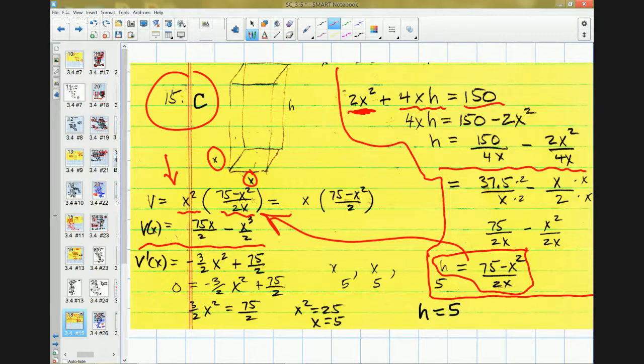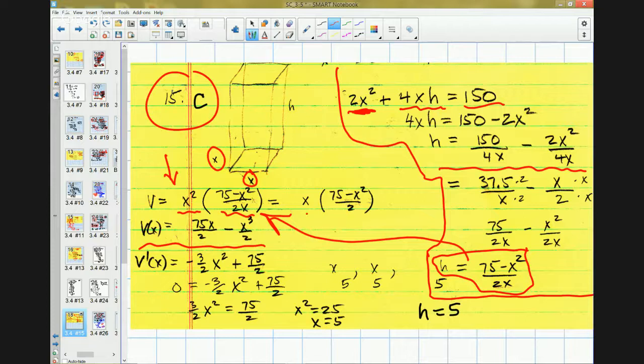Hang on a minute. Oh, I see. I rewrote it. I've got to think this through here. What did I do there? Height is right there. Oh, okay.